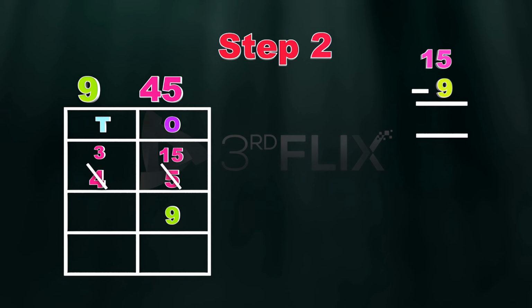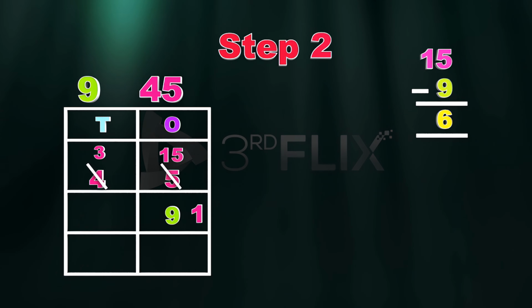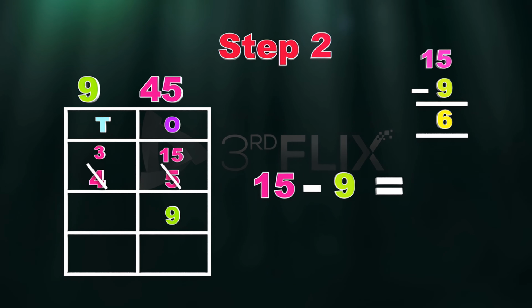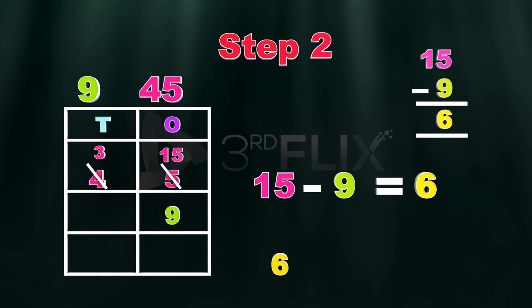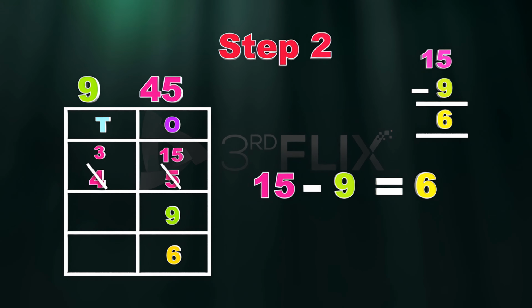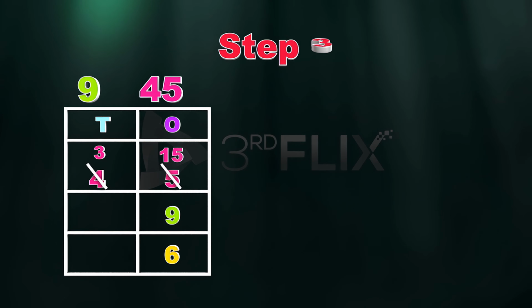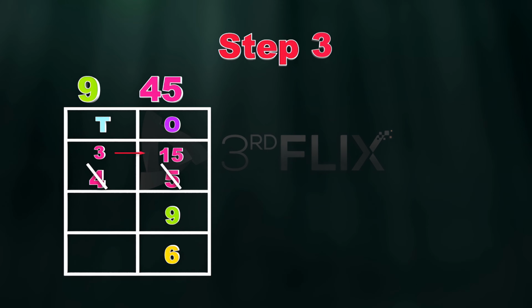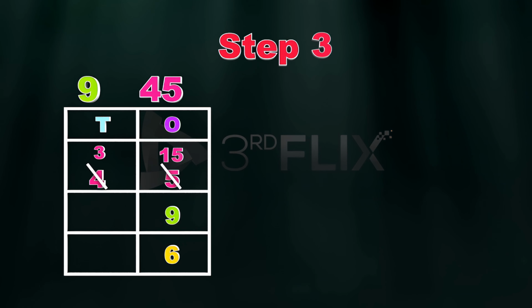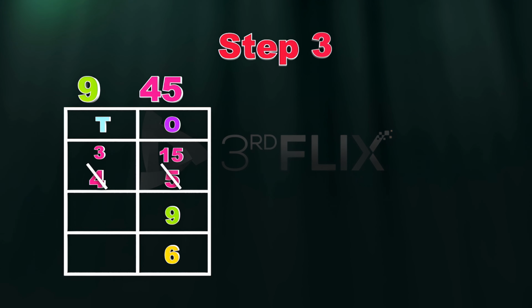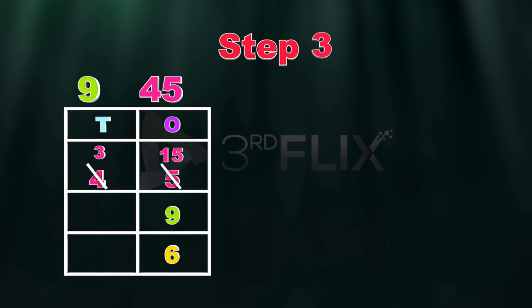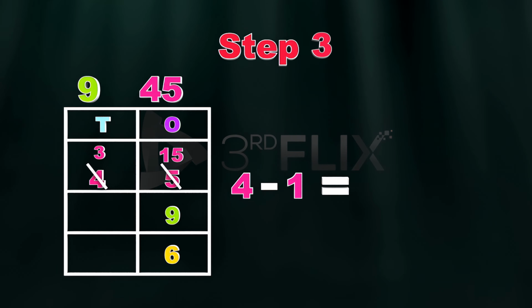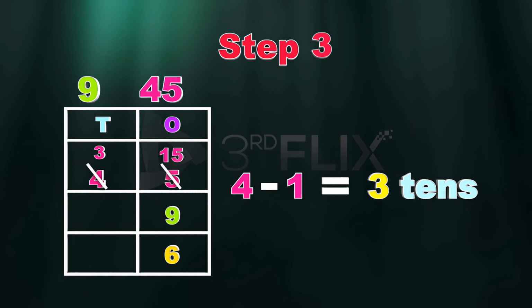15 minus 9 is equal to 6. Step 3. Since 1 ten is borrowed from the tens column, therefore we are left with 4 minus 1 is equal to 3 tens.